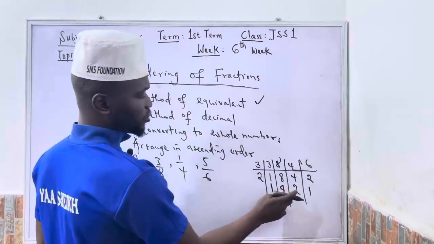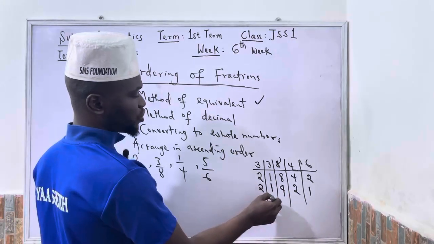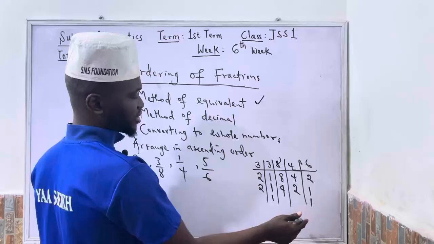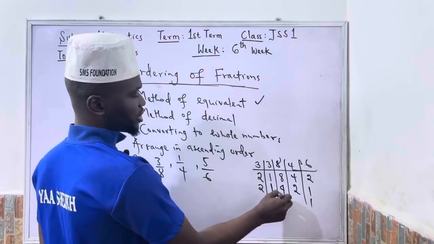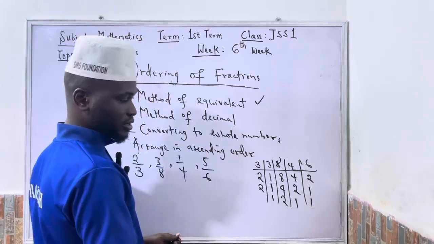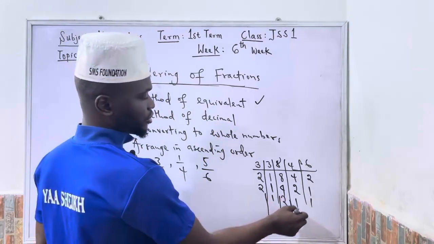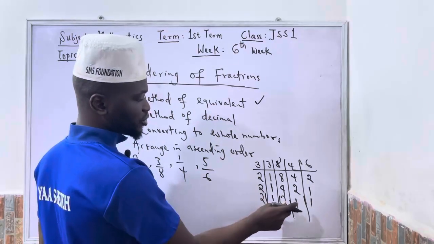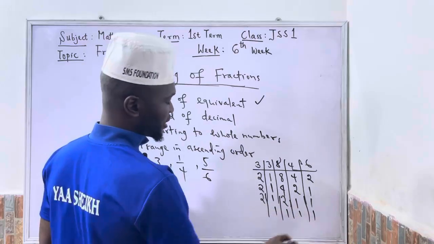Now, 2 can still go in both. I'll just bring 2. This one is satisfied, these 2 are satisfied. So 2 in 4, that's 2. 2 in 2, that is 1. We are done with that. So, you can now bring 2 again. This is 1, 1, 1, 1.